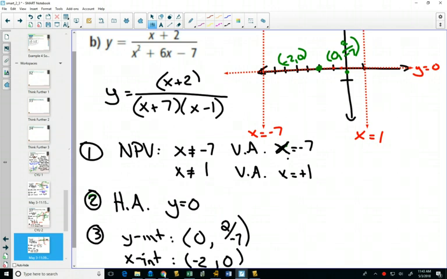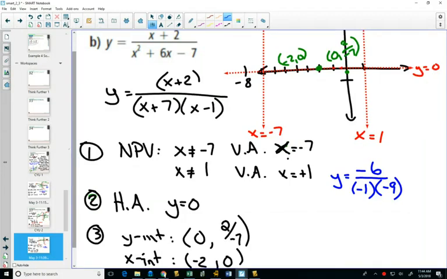If I wanted to find a point in this section, I'm going to plug in -8. What happens when I plug in -8? Can you see in your numerator you're going to get -6. In the denominator, I'm going to get a -1 here and a -9 there. I like to use the factored form when plugging it in. It makes your math a little bit easier to deal with. Right?